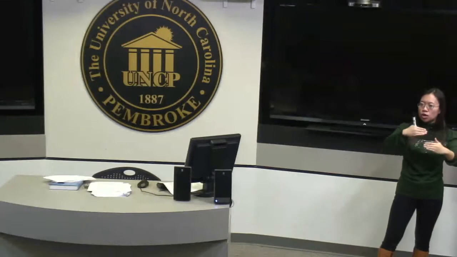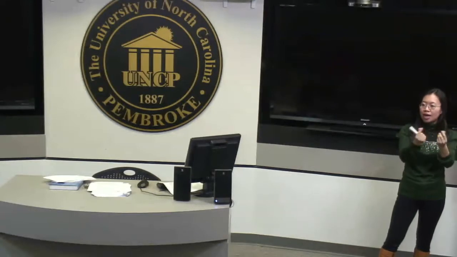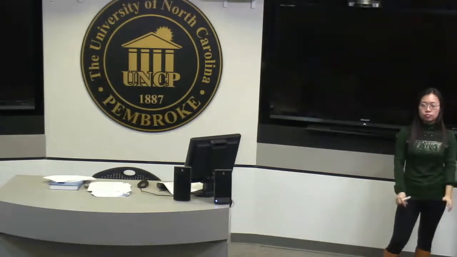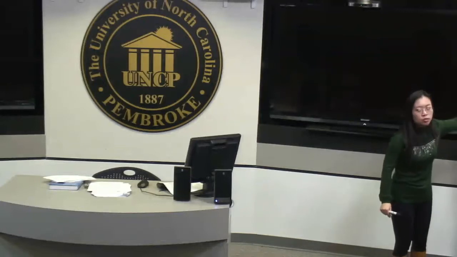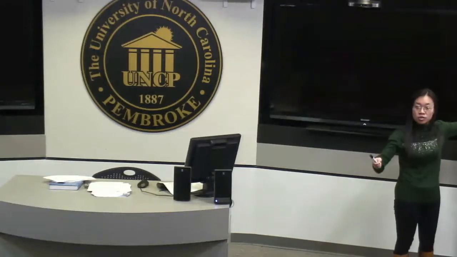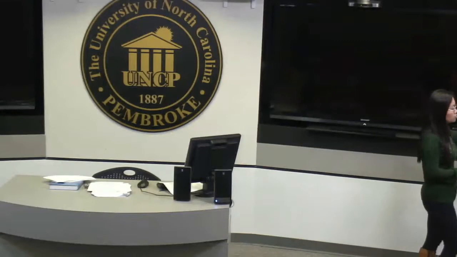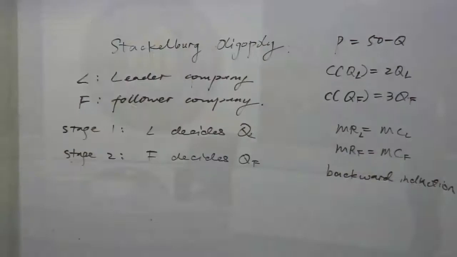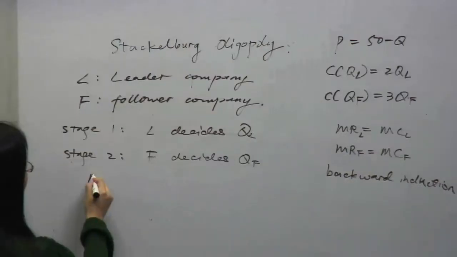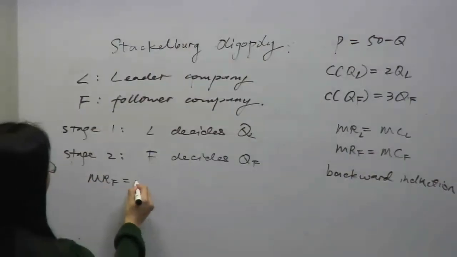So you kind of unravel like that, peel the onion like that. So this is what we call backward induction. But intuitively you understand why we start from here, right? So where do we start? QF. Yeah. That's from the last stage. Okay, backward induction. So then we start from this.